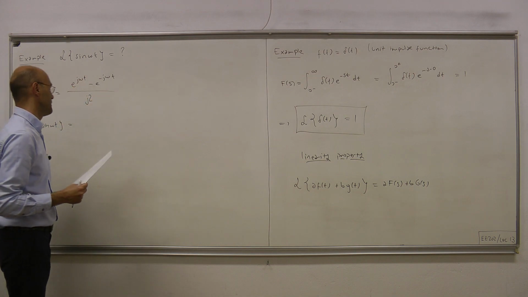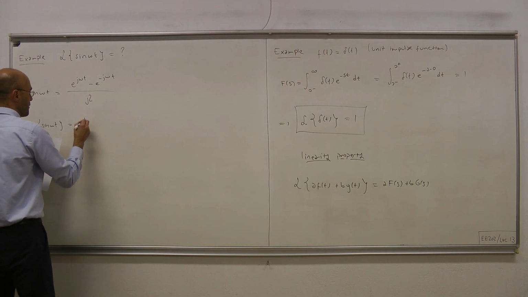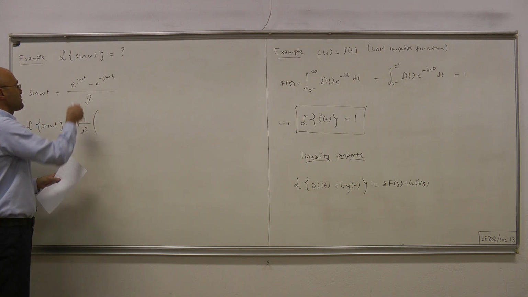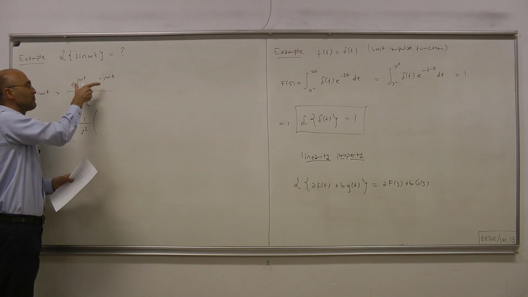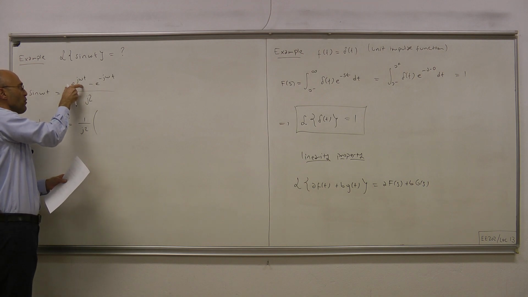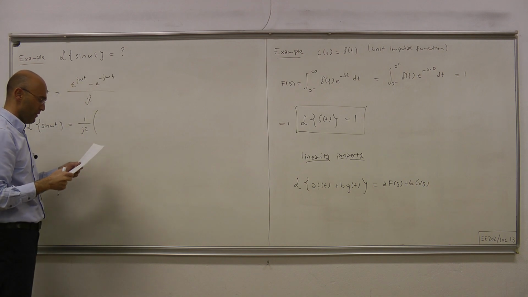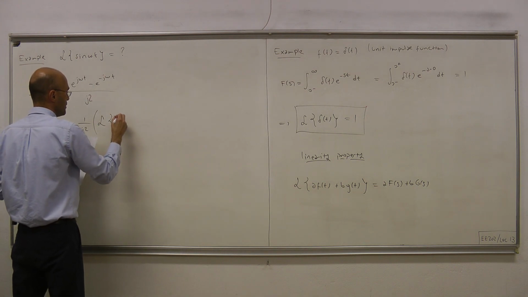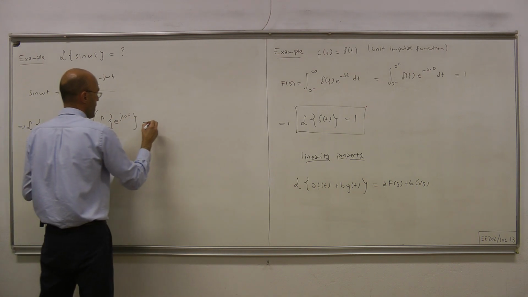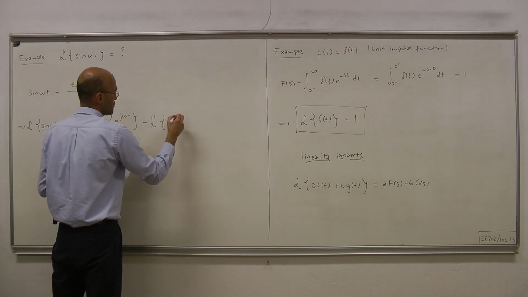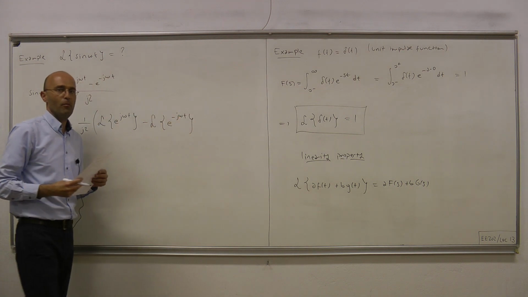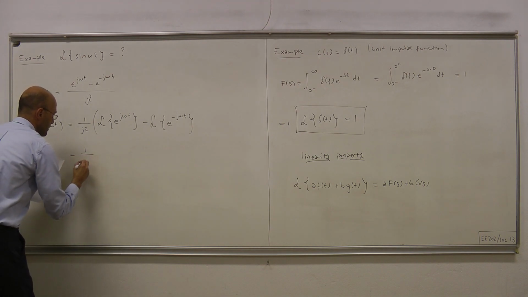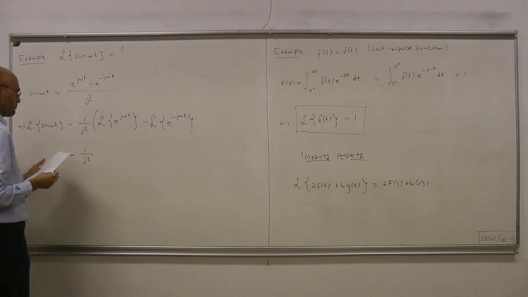I'm talking about the integral in the definition of the Laplace transform. So we write 1 over j2 times the Laplace transform of this difference, and the Laplace transform of this difference equals the Laplace transform of that minus the Laplace transform of that, thanks to the linearity property. So we have the Laplace transform of e to the j omega t minus the Laplace transform of e to the minus j omega t. Okay, so that equals 1 over j2.